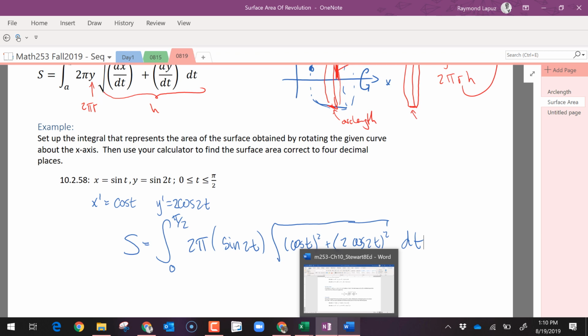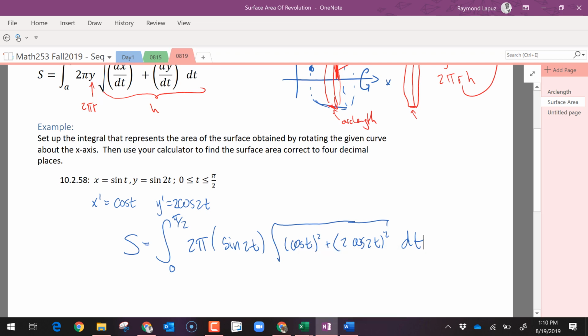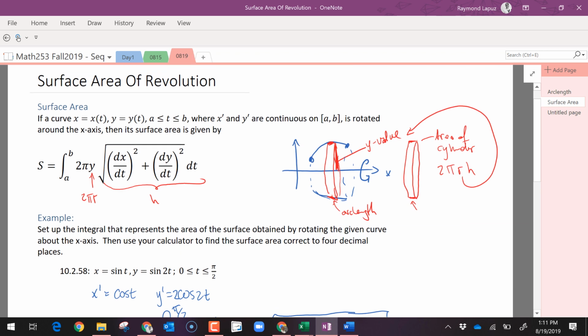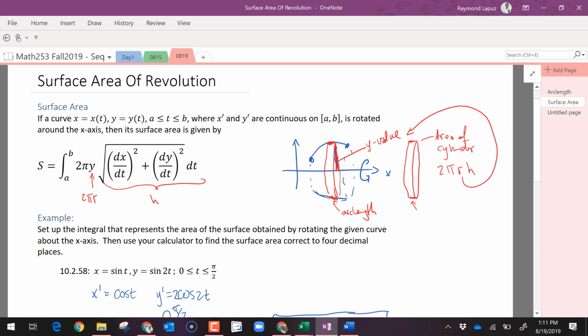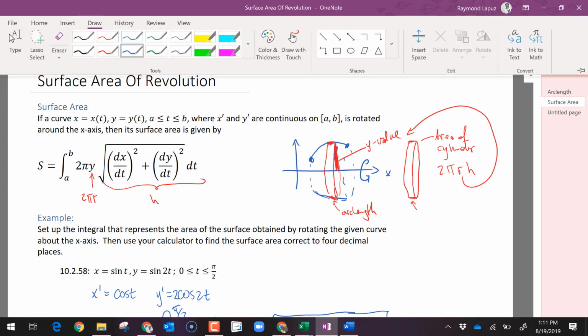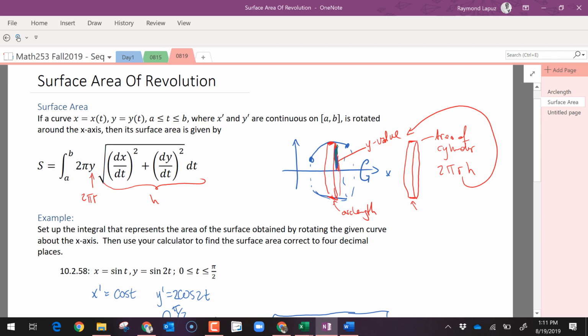Oh, the difference is that your radius now is going to be an x value, right? So remember how we got this formula, or how I kind of talked about explaining this formula. Your radius here, I should have done green. So your radius is the y value. And imagine spinning this around the y-axis, and then your radius is going to be an x value.